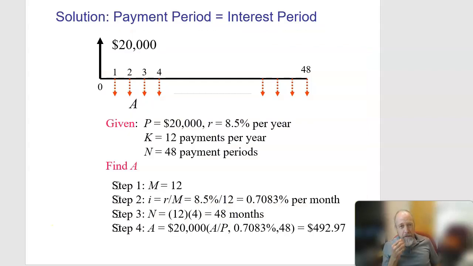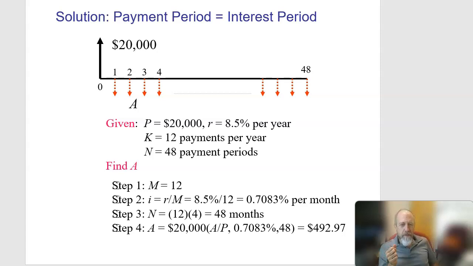So essentially you're going to take the amount of money, present value 20,000, 8.5%, 12 payments per year, 48 payment periods. This is pretty simple. You can calculate this value by simply substituting into the equation.